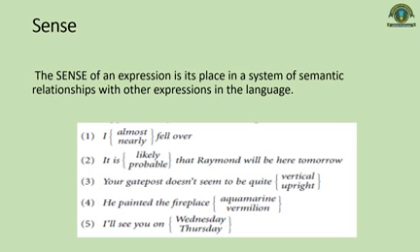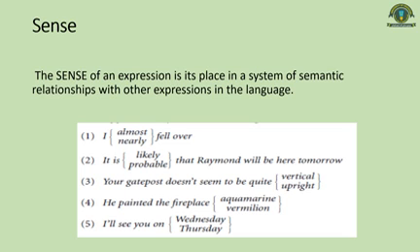Look at the first one. I almost fell over. I nearly fell over. In number two, it is likely that Raymond will be here tomorrow, or it's probable that Raymond will be here tomorrow.